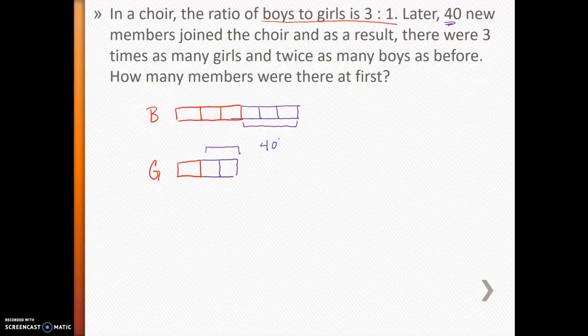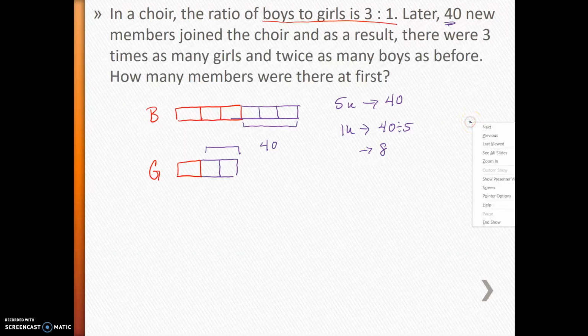Okay, so since I have 5 new units, I can just go ahead and solve this now. So 5 units is 40 members. So that means 1 unit is 8, or 40 divided by 5. And we want to know how many members were there at first.